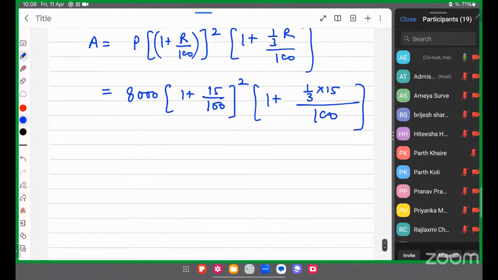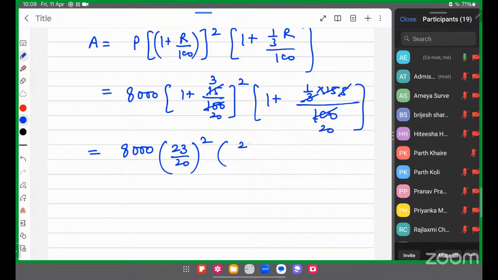Simplify it. This will be 8,000 into 23 by 20 raised to power 2, and this will be 21 by 20.